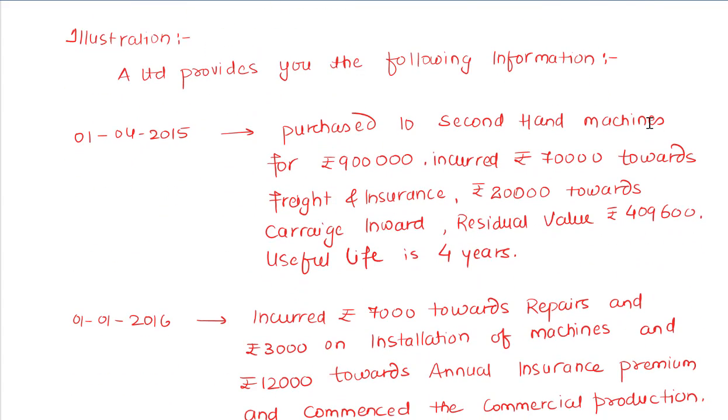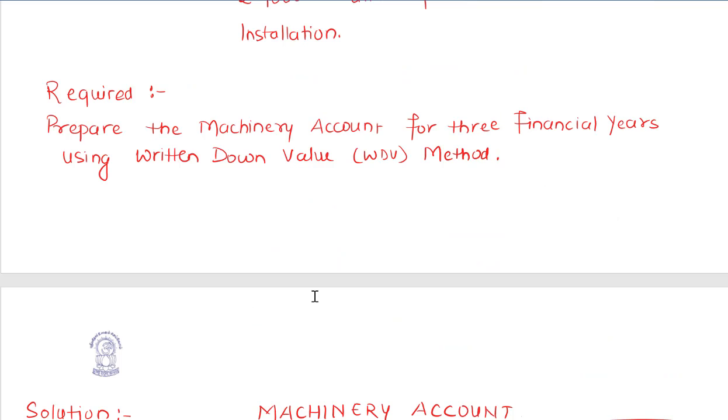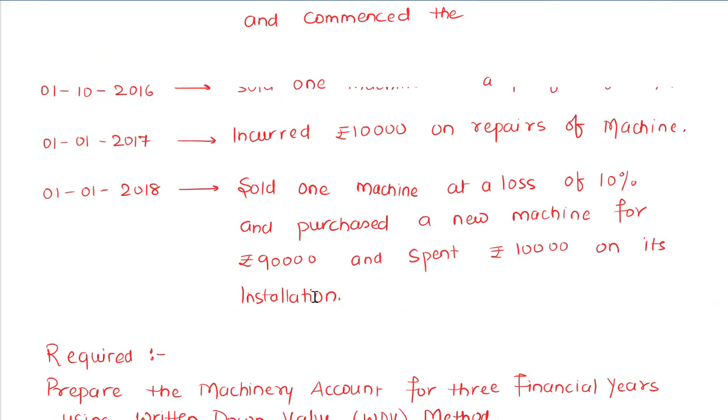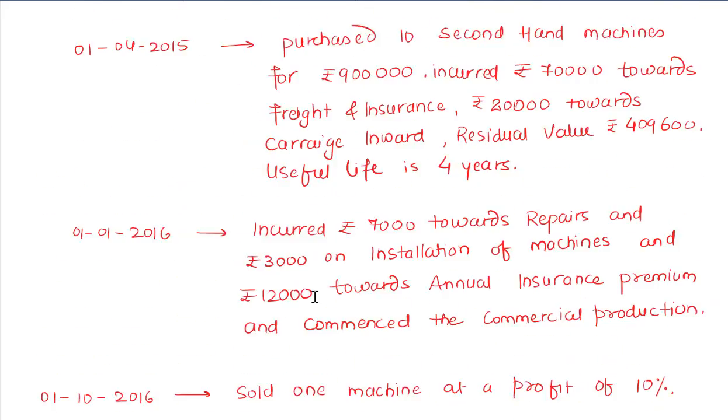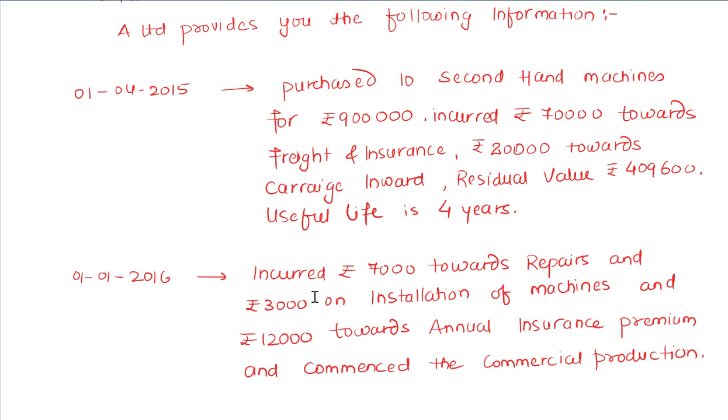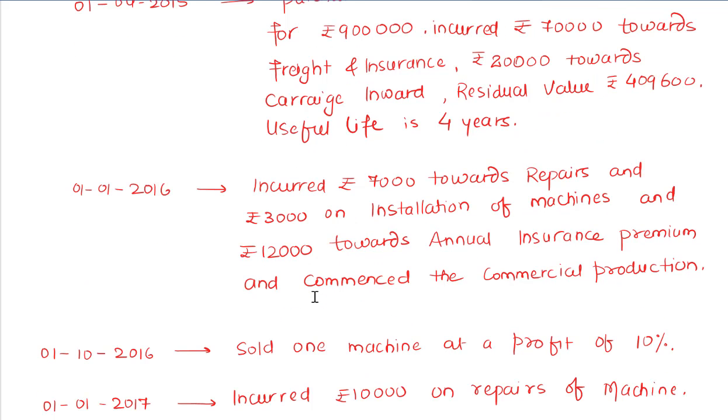On 1st of April 2015, machinery is purchased. 10 second-hand machines were purchased, 9 lakh in total. If you could see the question properly, 70,000 is incurred toward freight and insurance, 20,000 towards carriage inward, residual value is 4,09,600. The useful life is 4 years.